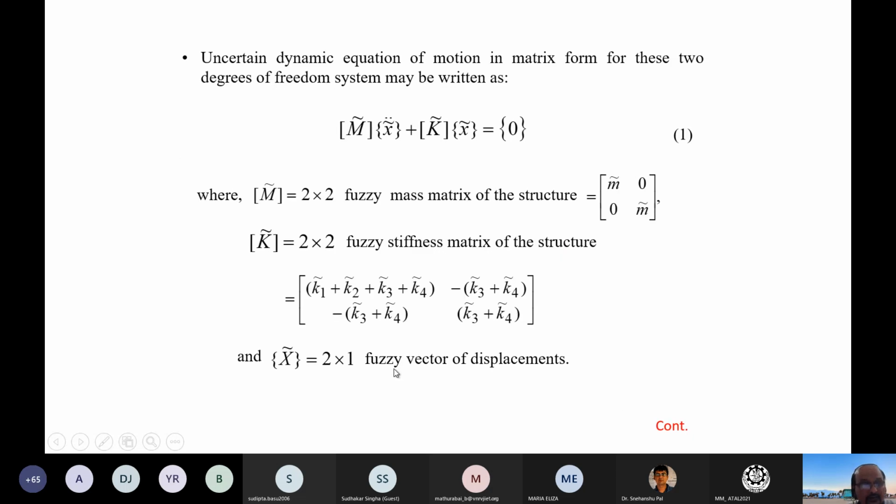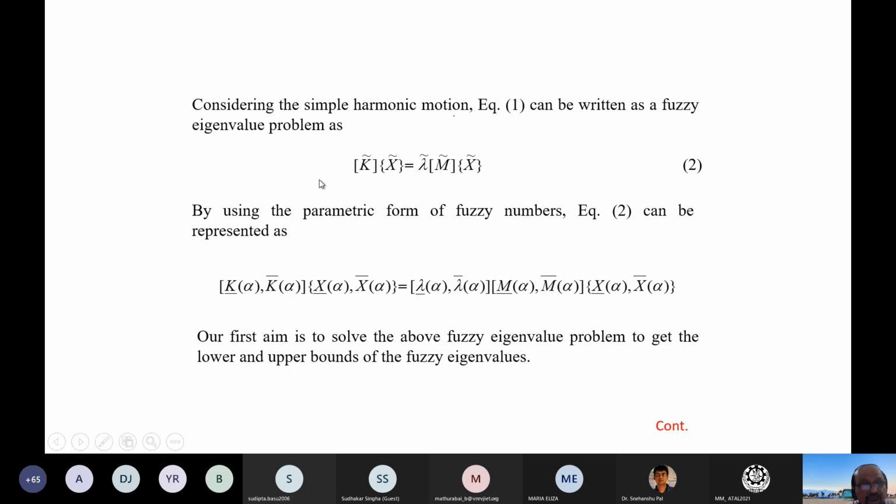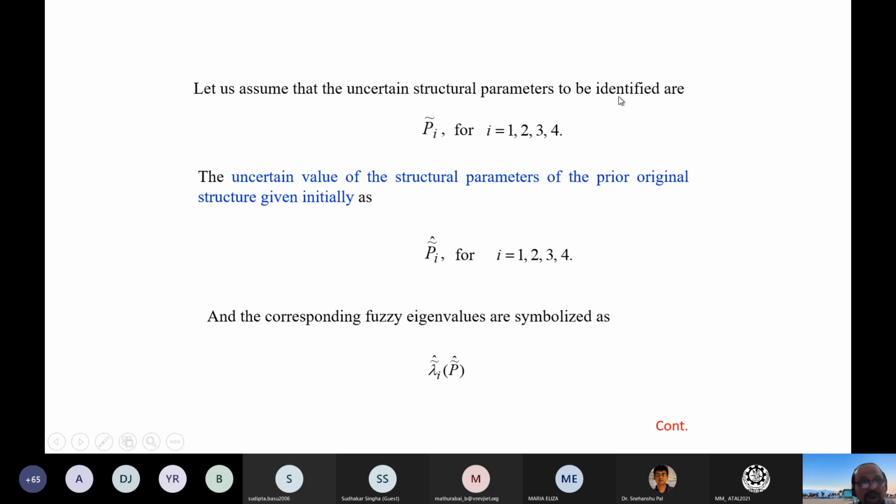That is why you see this slide. The parameters to be identified are suppose p tilde. The uncertain value of the structural parameter of the prior original structure, 50 years back, we denote by p tilde cap.